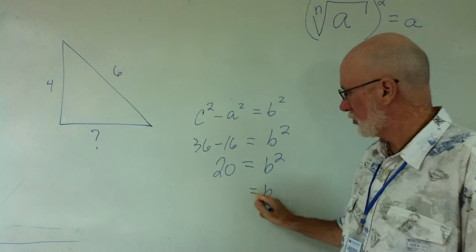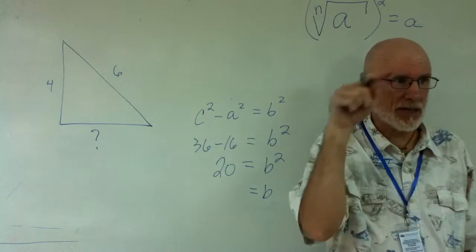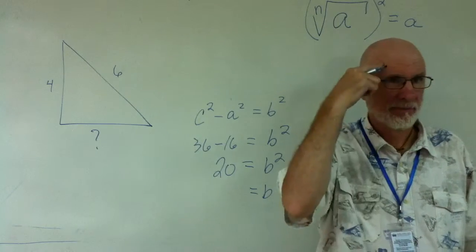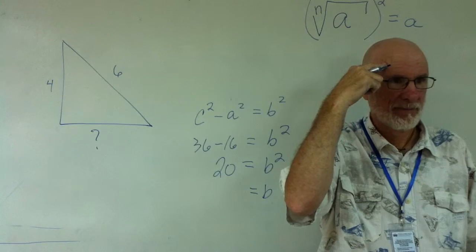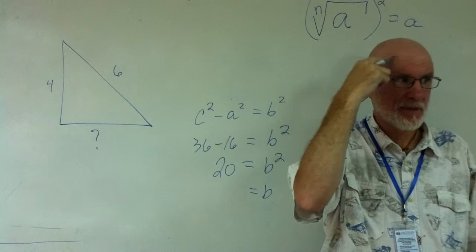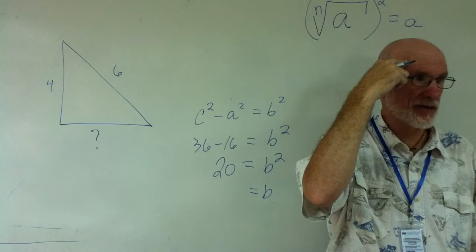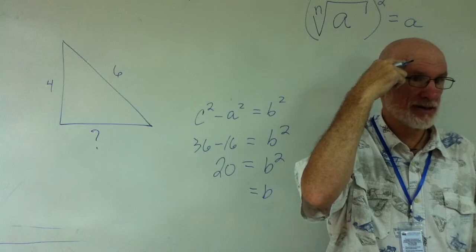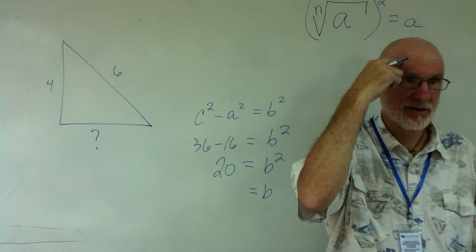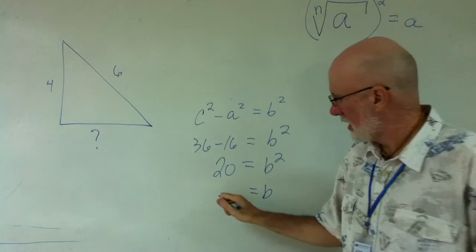B equals what? Write 20 as a square times a non-square. Mental math, guys. 4 times 5, right? So what's the answer? Yes. 2 root 5.